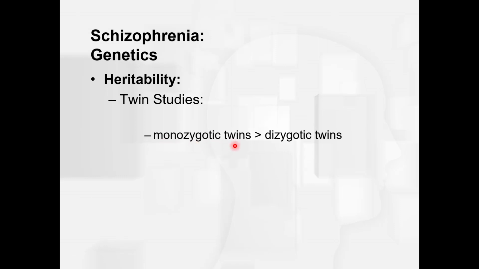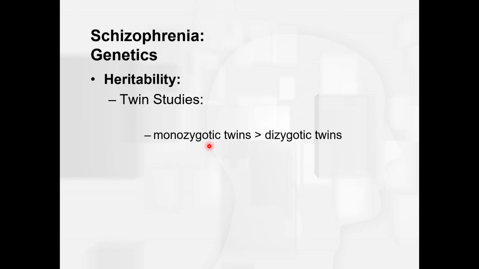They have 100% genetic similarity, and dizygotic twins are no more similar than regular siblings, except for they shared a uterus. So dizygotic twins, about 50% genetic similarity, monozygotic twins, 100%. So if individuals that share 100% genetic similarity, if one twin has it, the other one is more likely to have it, that suggests a higher heritability.